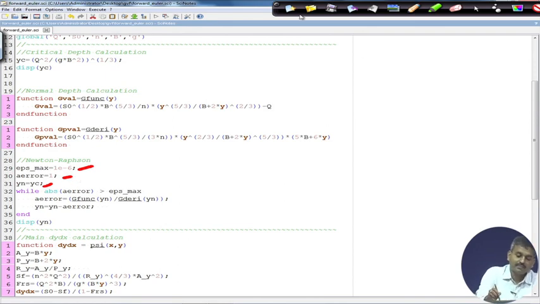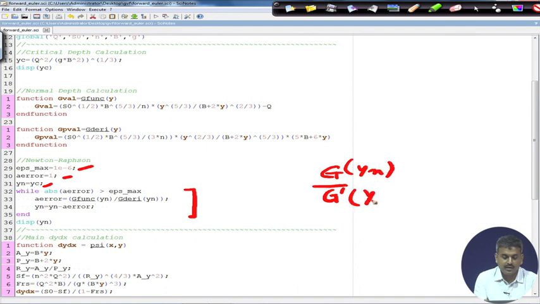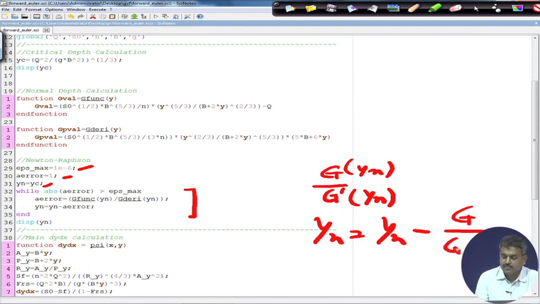If we start this iteration loop, while absolute of A error is greater than epsilon max, whatever is specified here, the error is the G function divided by G prime calculated at Yn, and we update Yn equals Yn minus A error, or Yn equals Yn minus G by G prime.